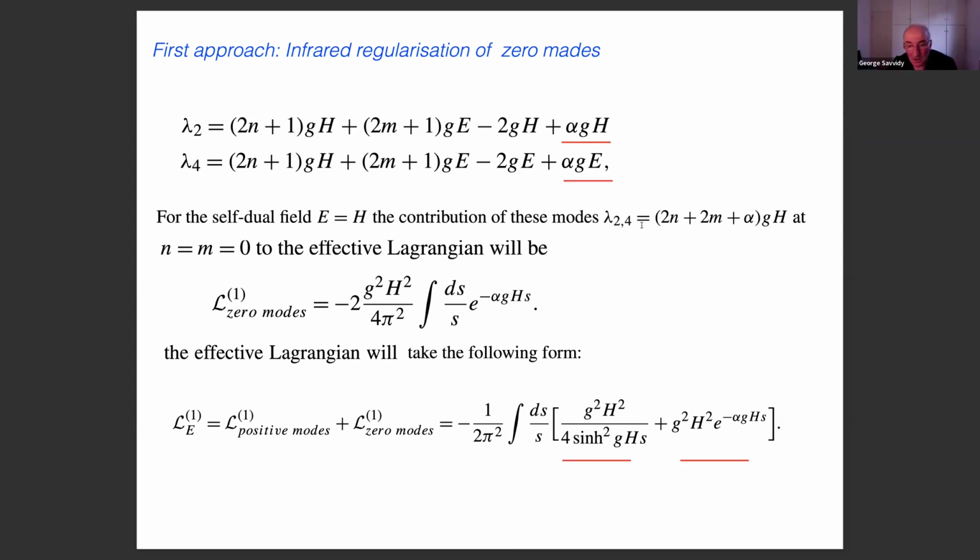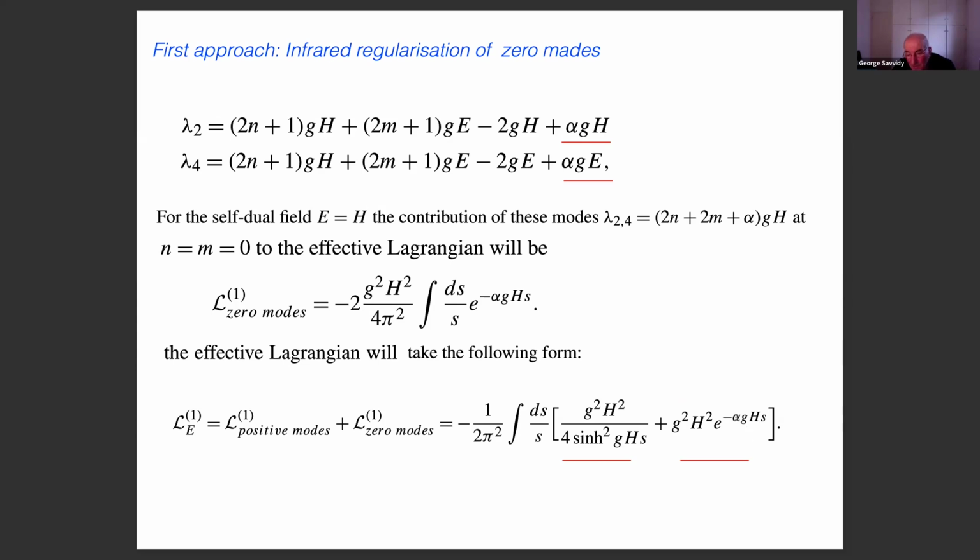So lambda 2 and lambda 4 at n and m equal to 0 give you this type of contribution of the zero mode. But then we have to add, right? So we have positive modes and zero modes. So this was the contribution of positive modes, and this is the contribution of zero modes, which I write here.